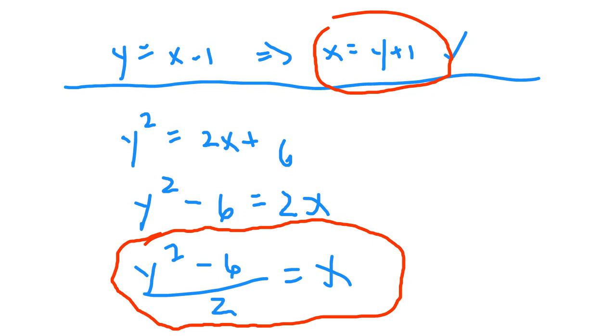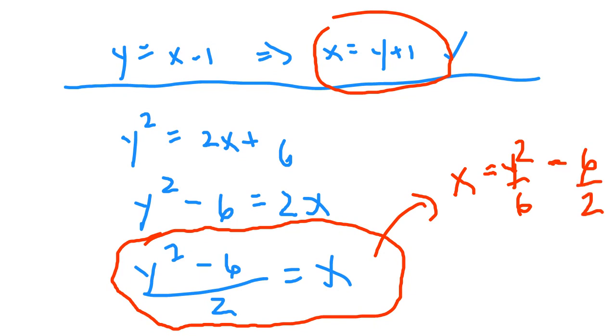Now I'll mention here, if x equals (y squared minus 6) over 2, x would equal y squared over 2 minus 6 over 2. And I have an error here.